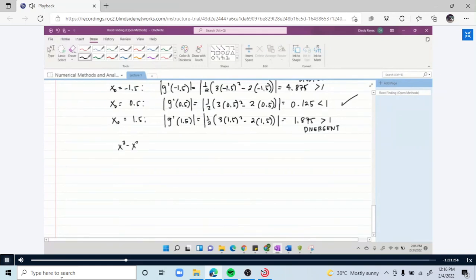so x cubed minus x squared minus 2x plus 1 equals 0. If I try to isolate x from here, from x cubed, then we have to transpose all the other terms to the other side of the equation. So x cubed equals x squared plus 2x minus 1. And then we have to get the cube root of both sides of the equation.